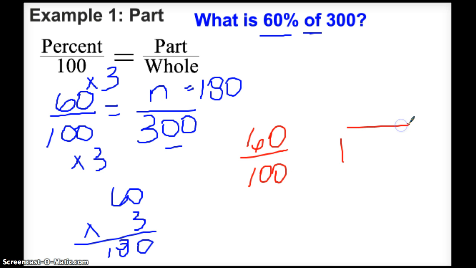You divide 60 by 100. Now there's a shortcut that I've been telling you about when you're dividing by a power of 10. When you're dividing by a power of 10, you simply move the decimal 2 places to the left. So my decimal is here, and I move it 2 places to the left. So my answer is, wait a second, hold on.